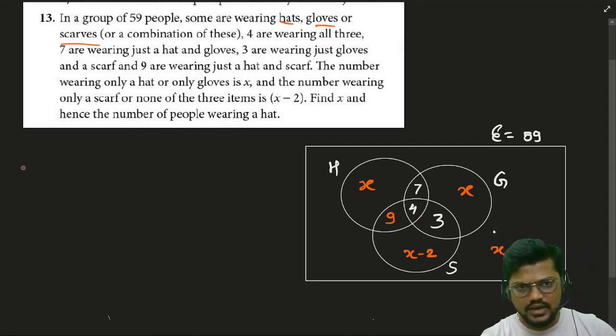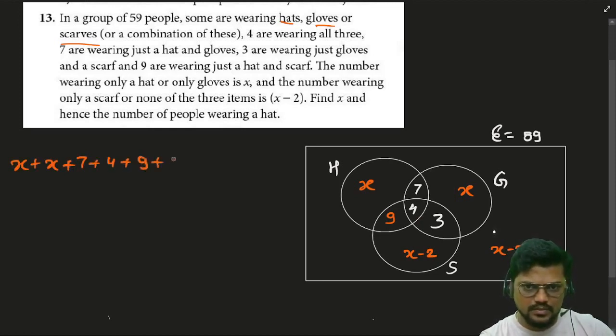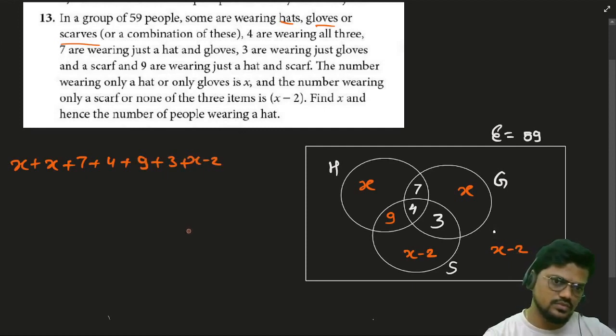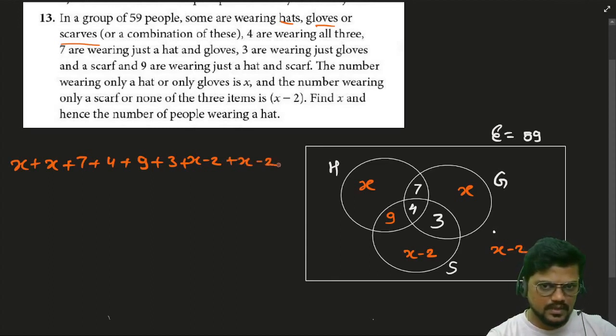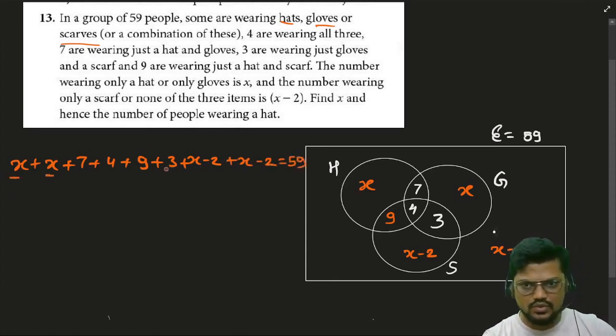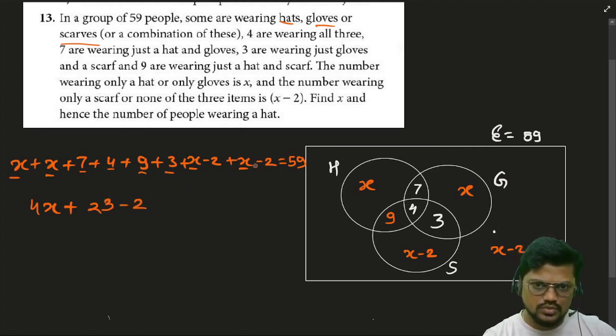Now over here, x plus 7 plus 4 plus 9 plus 3 plus x minus 2 plus x plus x minus 2 will be equal to 59. So how many x are there? 2, 3, 4. So 4x plus 7 plus 4 is 11, 11 plus 9 is 20, 23, minus 2 and minus 2 again.